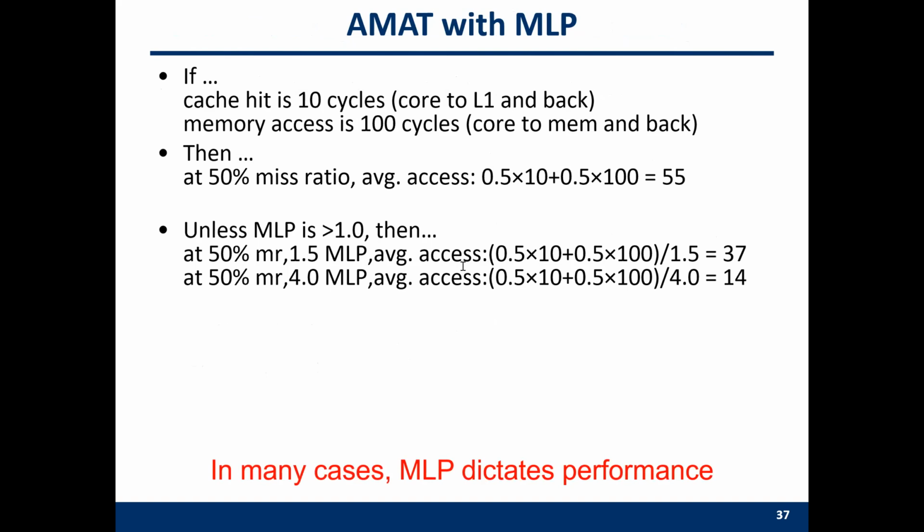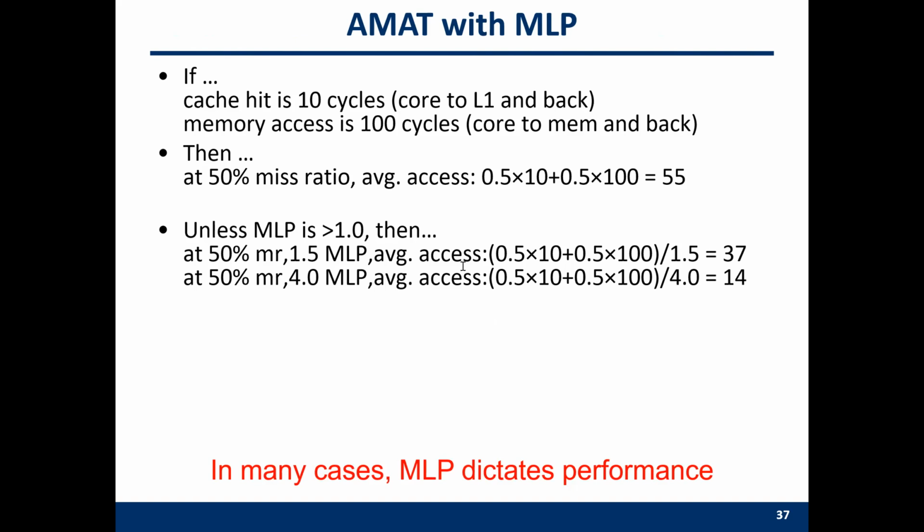Here are some equations to compute the average latency when we consider the DRAM. We have already done this for the cache. So now we consider the memory parallelism, memory level parallelism in the DRAM.